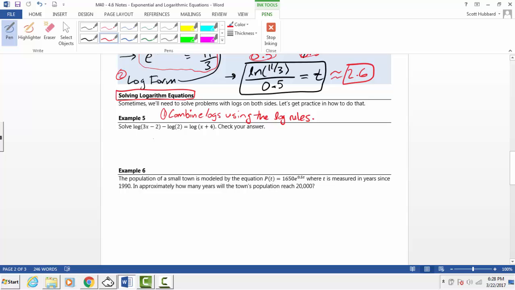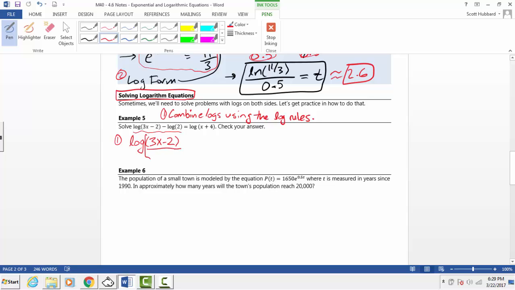So let's take a look. Let me show you. This one is log base 10 of this minus log base 10 of this equals log base 10 of that. They're all the same log, so that's good. So the first step is on the left side, I want to combine these using log rules. It's going to be log of something, take away another log. So it's going to be log of 3x minus 2, and what happens?